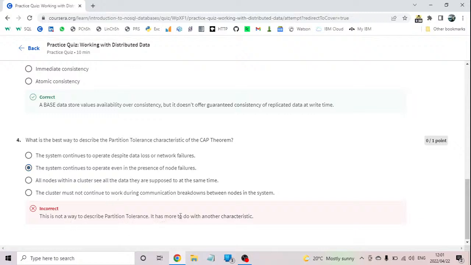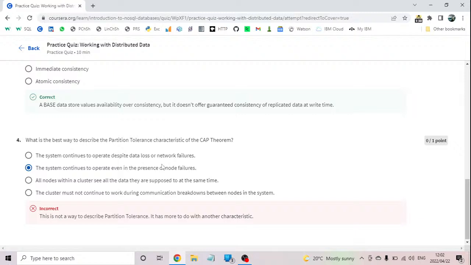Wait, it is more to do with another characteristic. Despite data loss, this is not a way to describe partition tolerance. Node failure. Oh no, that's different, right? That's resilience. That's completely different.